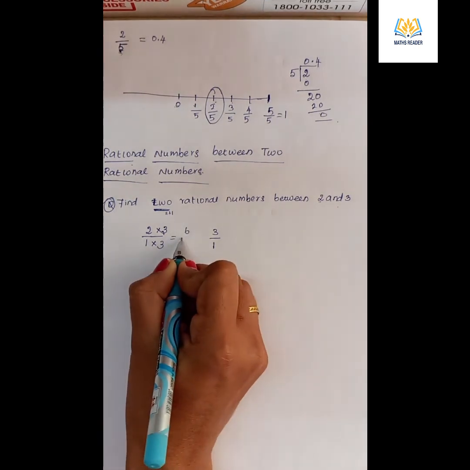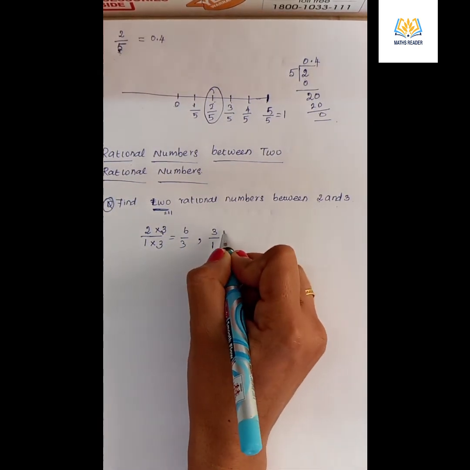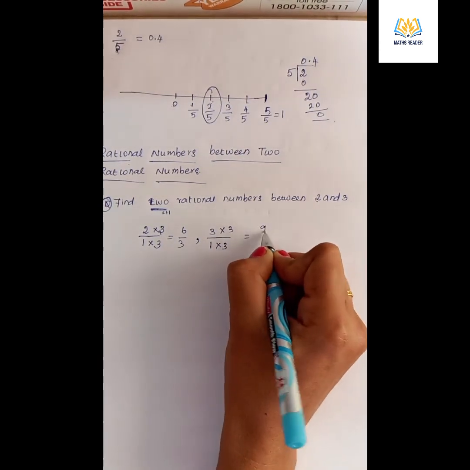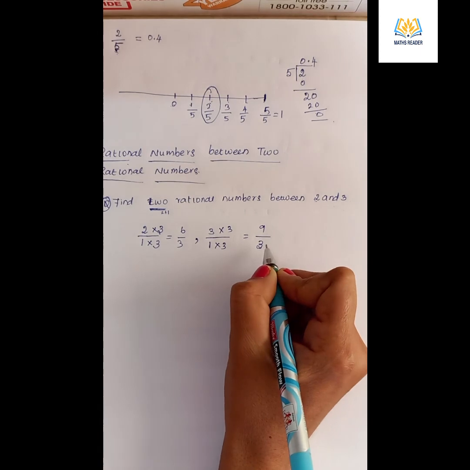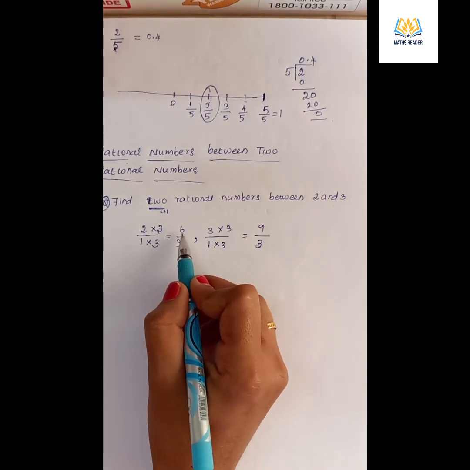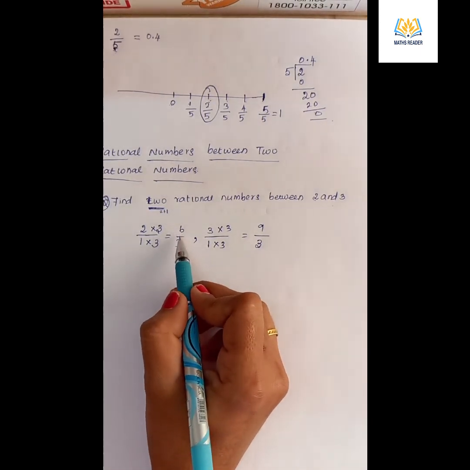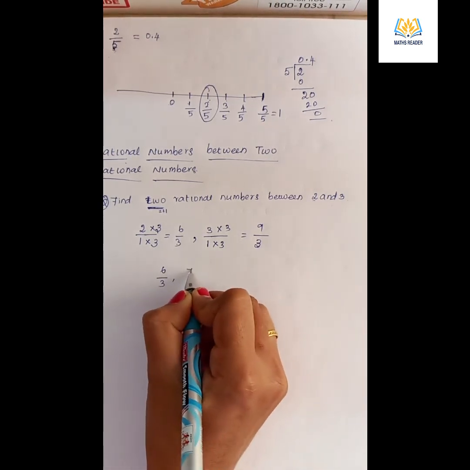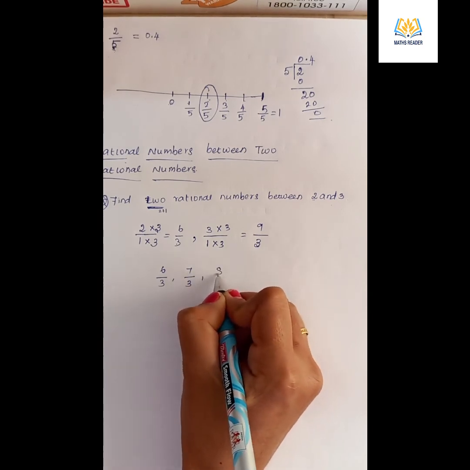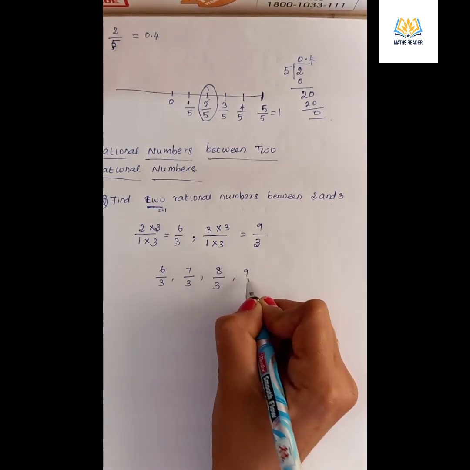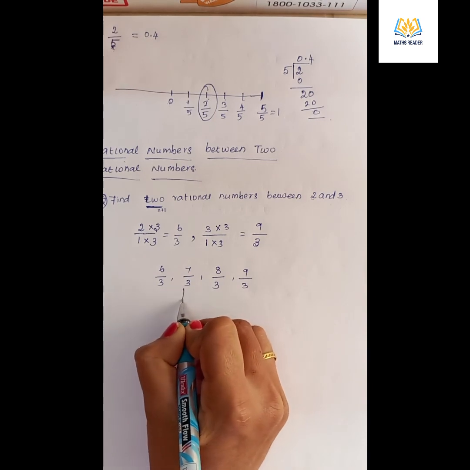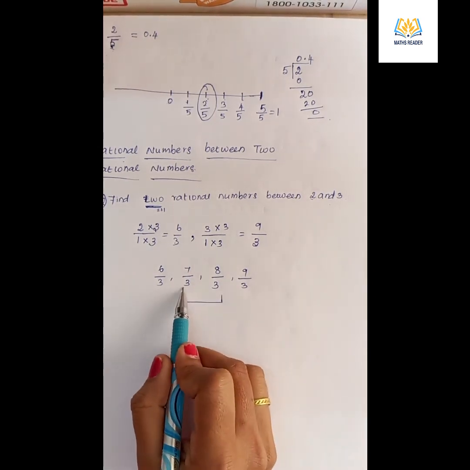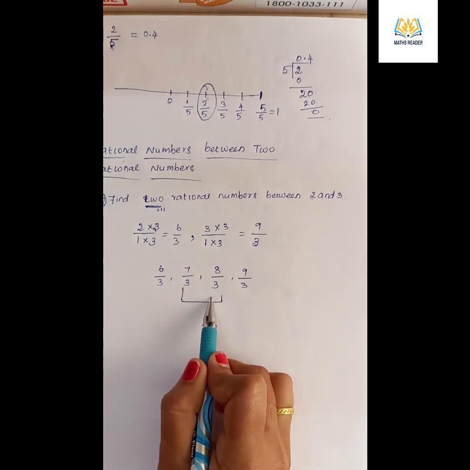This is equal to 6 by 3 and 9 by 3. We need to find the rational numbers between 6 by 3 and 9 by 3. The numbers are 6 by 3, 7 by 3, 8 by 3 and 9 by 3. So the two rational numbers are 7 by 3 and 8 by 3.